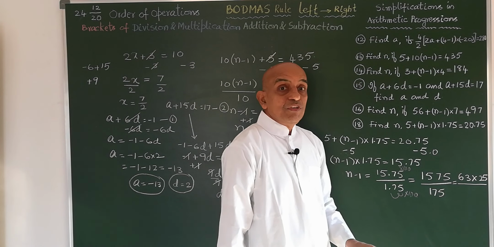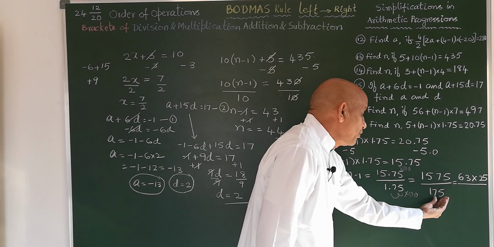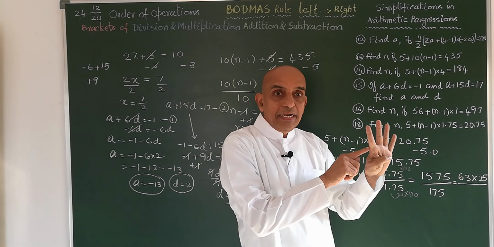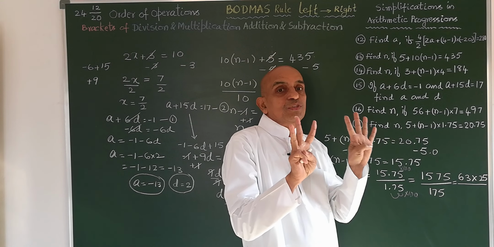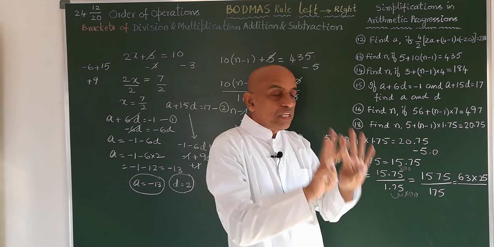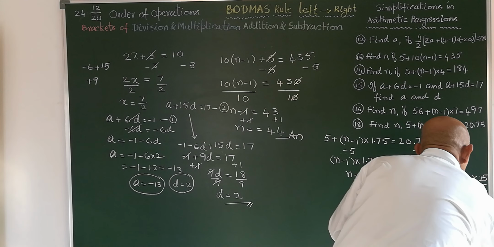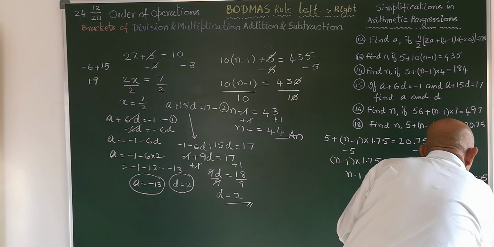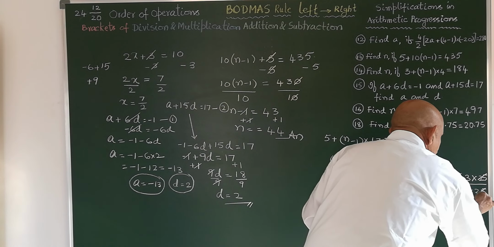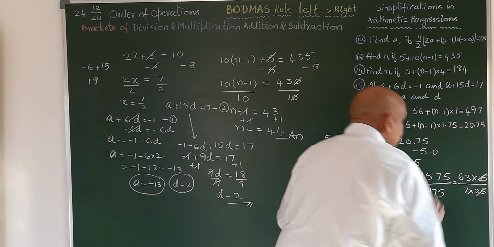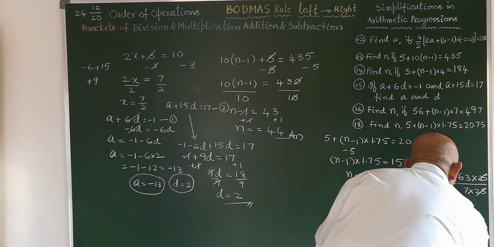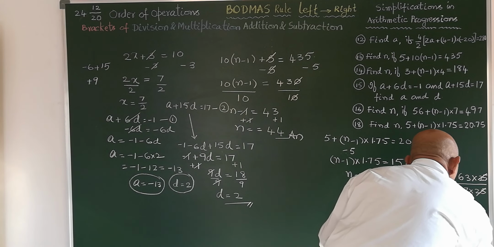We are factorizing with 25. Now here if you see in 175, there are 4 25s in 100 and 3 25s in 75. So in 175, 4 plus 3, 7 25s are there. So this becomes 7 into 25. Now this 25 cancels. Further if you factorize, 63 is 9 7s are 63.